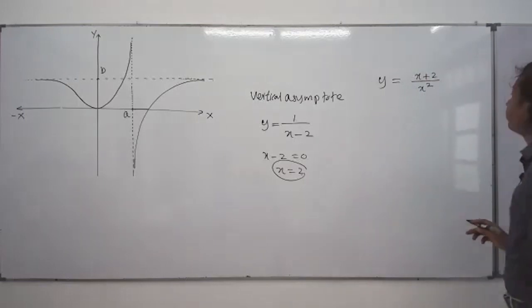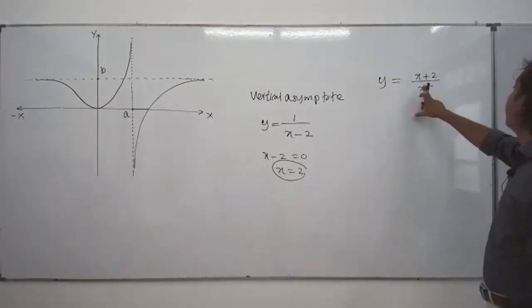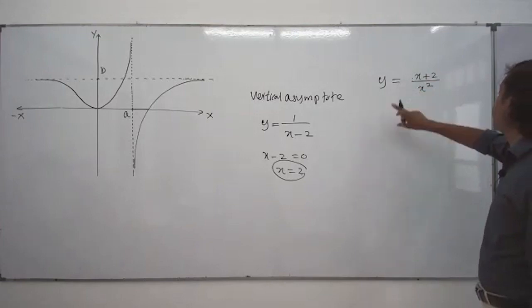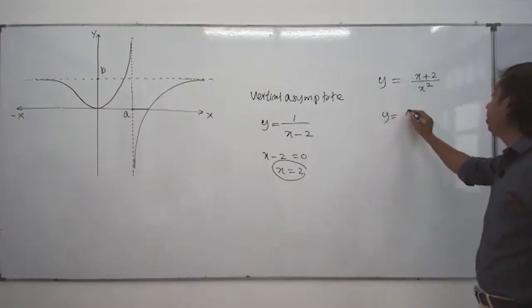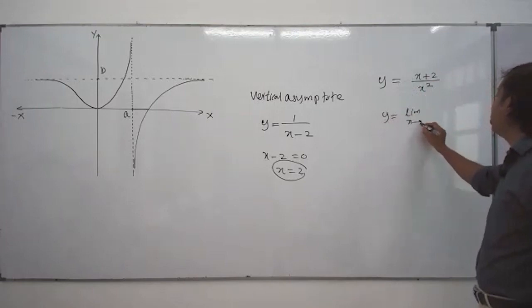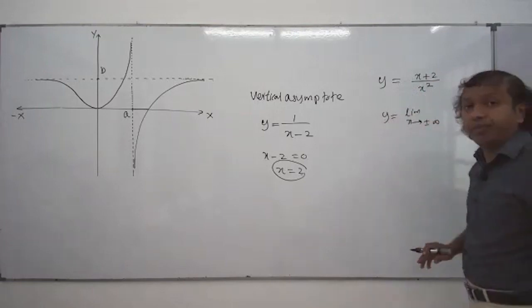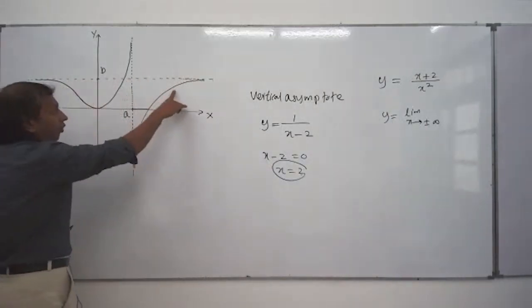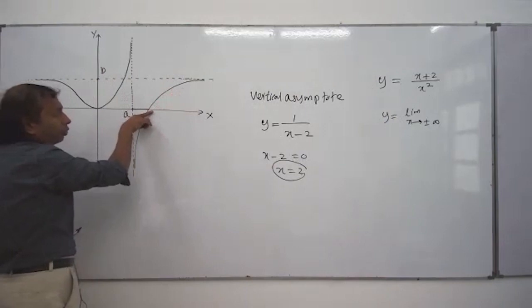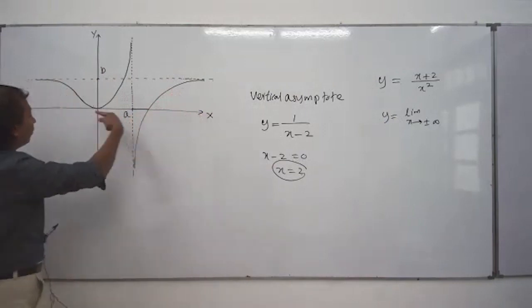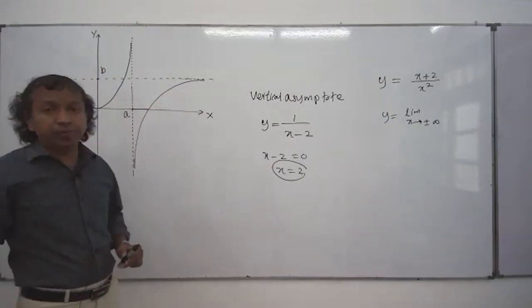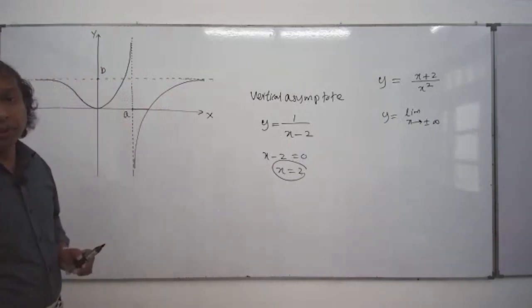In this case, I am going to take the limit as x goes to plus or minus infinity. Why? Because we have to discuss the y value while we are going to the positive infinity direction of x and the negative infinity direction of x. On that occasion, y should get a real number as the answer, right?